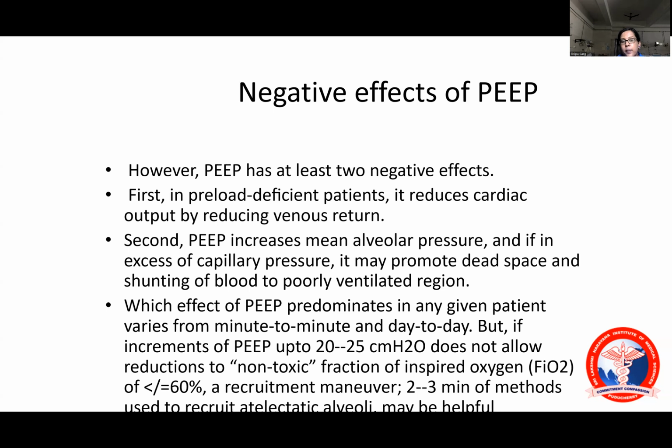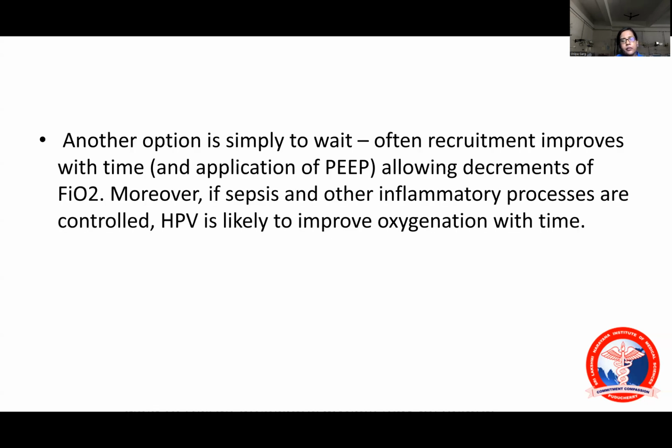You can keep PEEP at 18 centimeters of water, but if you intermittently raise it to 20 to 25 centimeters of water for only a transient period, like 3 minutes, that is more than enough so that the oxygenation improves and you can reduce the FiO2 to less than 60%.